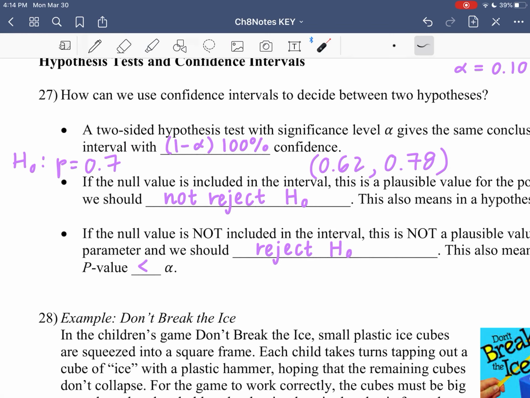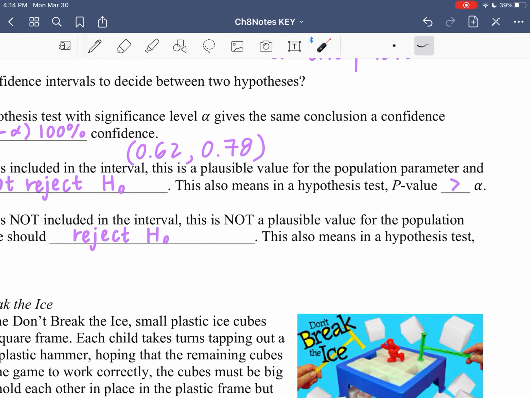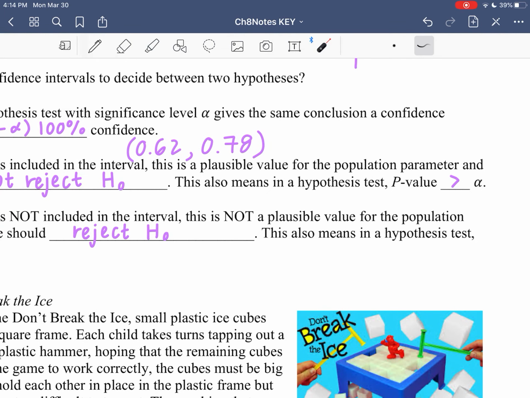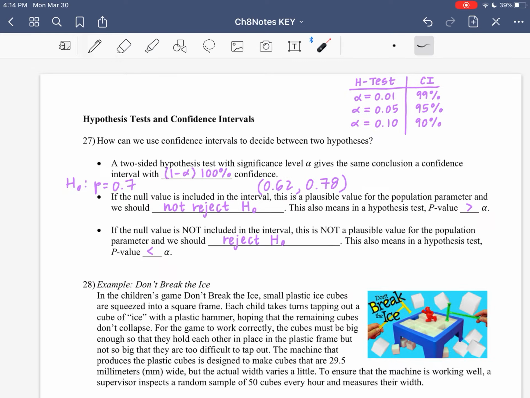If this is a plausible value, then we wouldn't reject that null hypothesis. Thinking back to hypothesis tests, if we don't reject our null hypothesis, that means that the p-value that we would have gotten had we performed the entire hypothesis test should be greater than our significance level. So we're putting all of those pieces back together from hypothesis tests, but also relating them to a confidence interval.